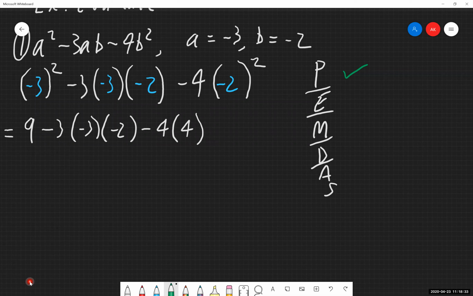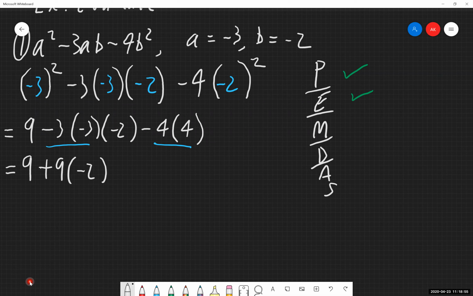So from here, we've gotten rid of all of our exponents. We have multiplication and division going on. So all I'm going to do is multiply things together. So I'm going to multiply these two together and these two together. -3 times -3, it's going to give me a +9.